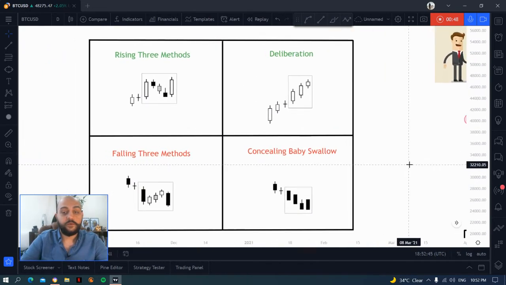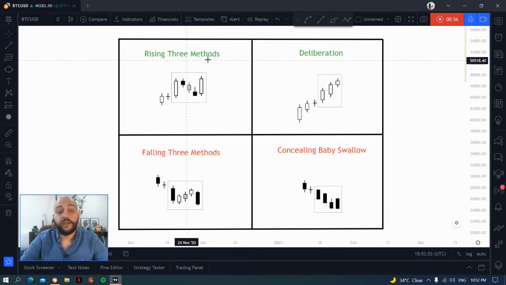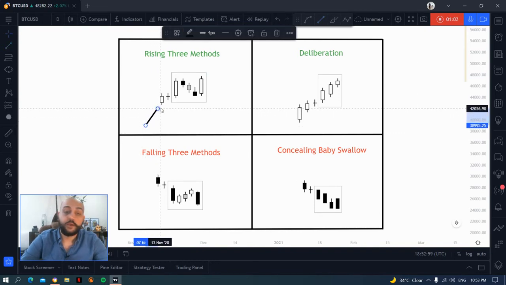If we go over here, we have four main patterns for the strong continuation patterns. The first one is called the rising three method. This basically indicates that we have an uptrend like this, the trend is going up, and we see a big bullish candle. Then we see a few spinning tops, then another big bullish candle.